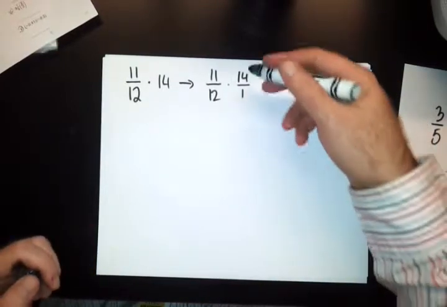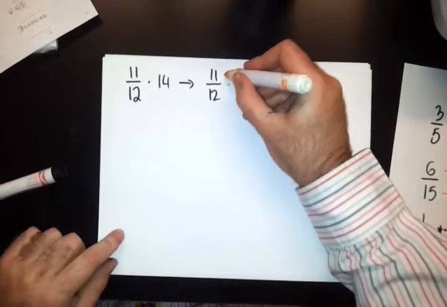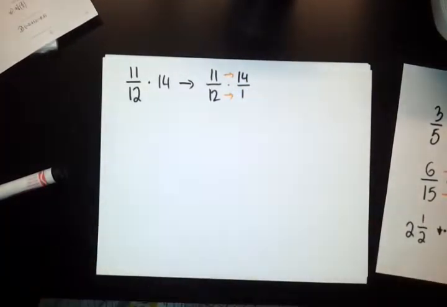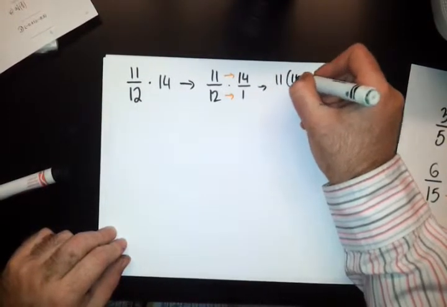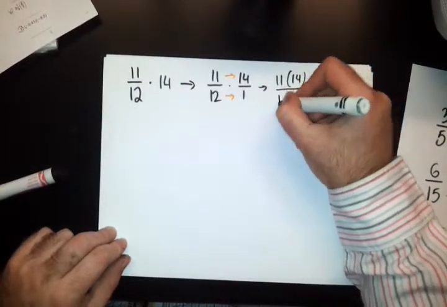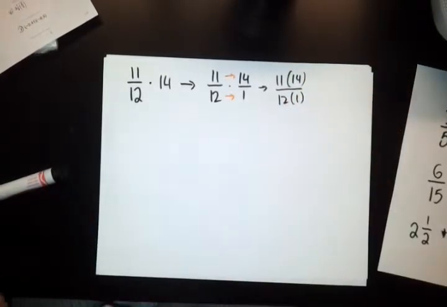But now it gives you that distinctive top that you can use. So just like before, you would multiply across. And just like before, I'm going to combine them. And then I'm going to look for things that I can eliminate.